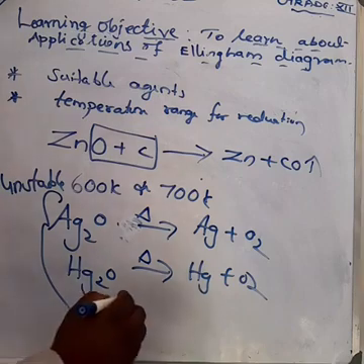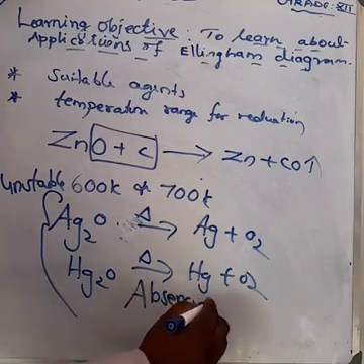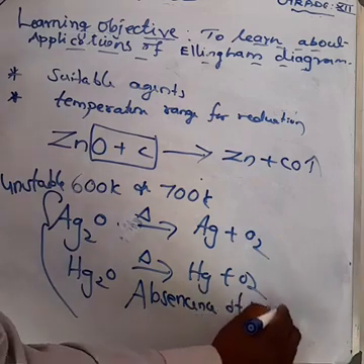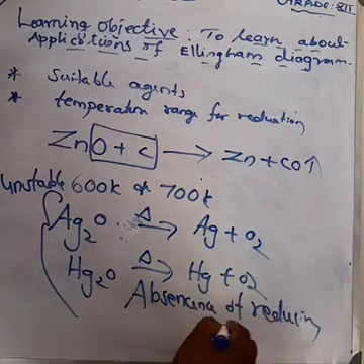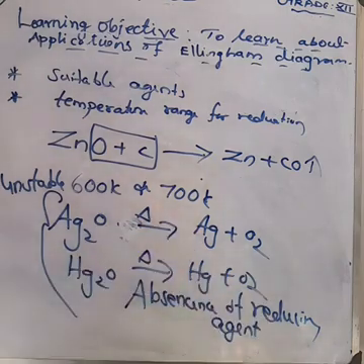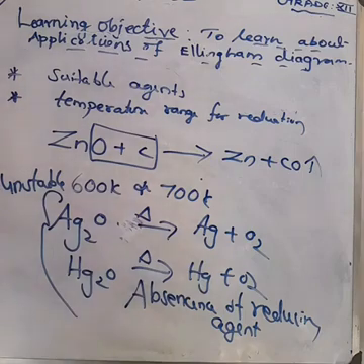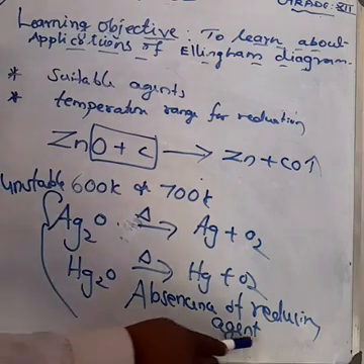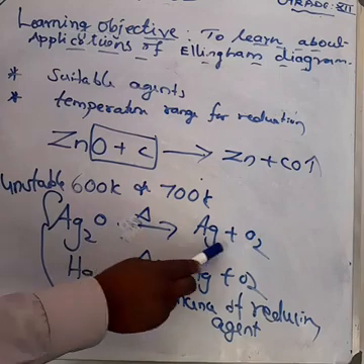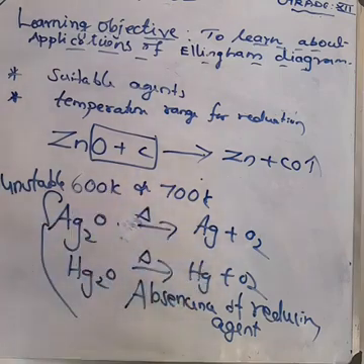For this reaction, there is no need for a reducing agent. Without the reducing agent, silver oxide and mercury oxide undergo decomposition. That is one of the main applications. Can you understand me?